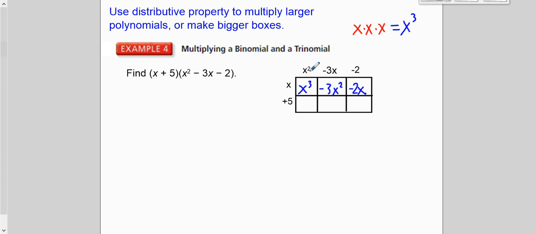Okay, now do each one of these 3 things. Multiply it by 5 and put it in these boxes. On your mark, get, set, go. Fill in your boxes.